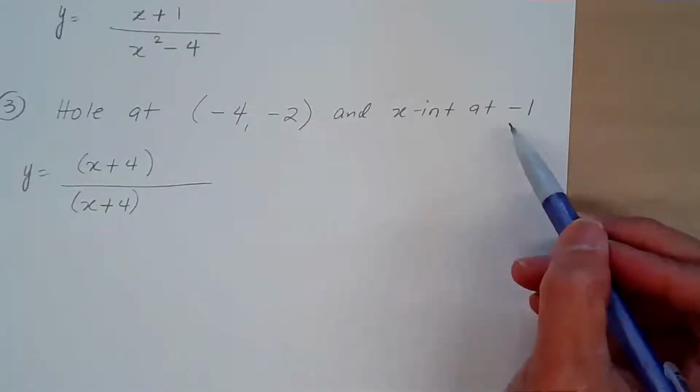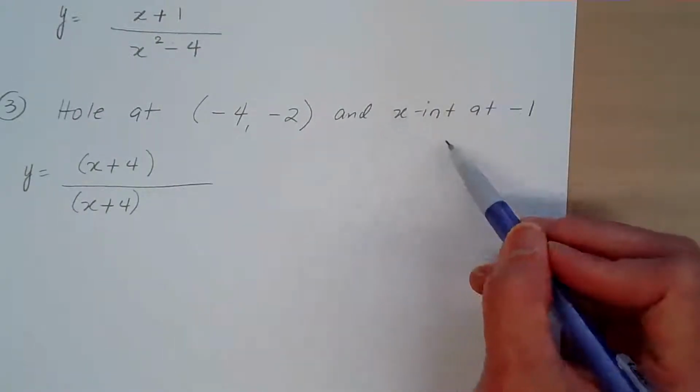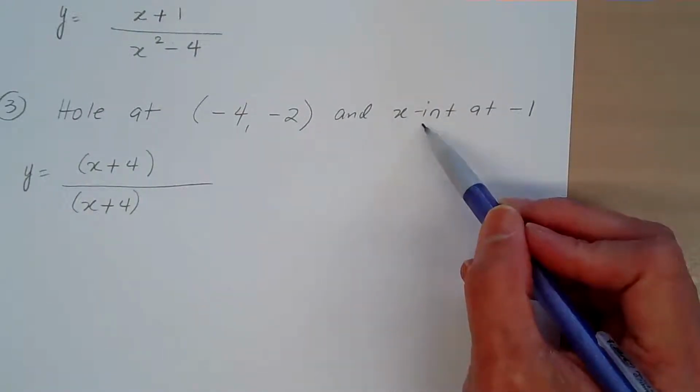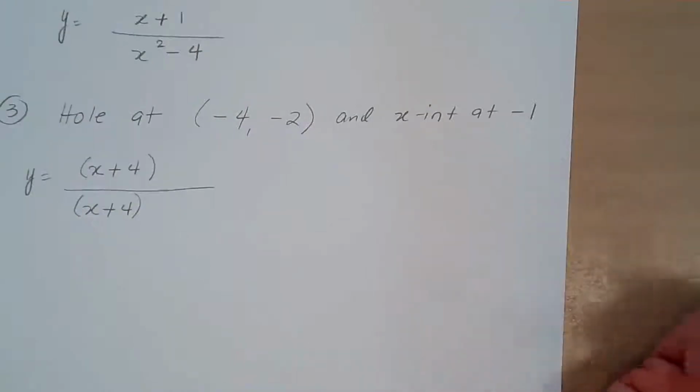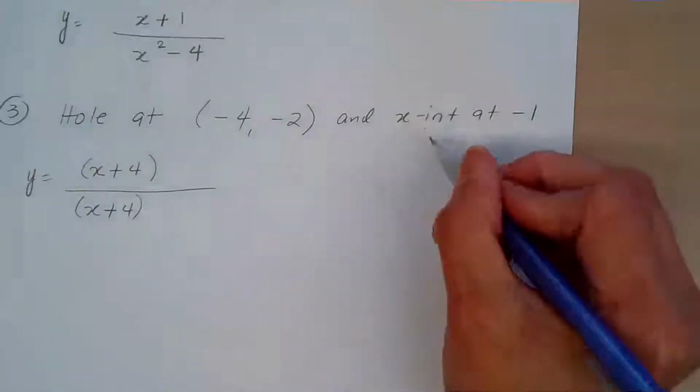Now let's take a look at this one. X-intercept at -1. How do we figure out the x-intercept again? Okay, so x-intercept at -1, so it's going to be x plus 1.